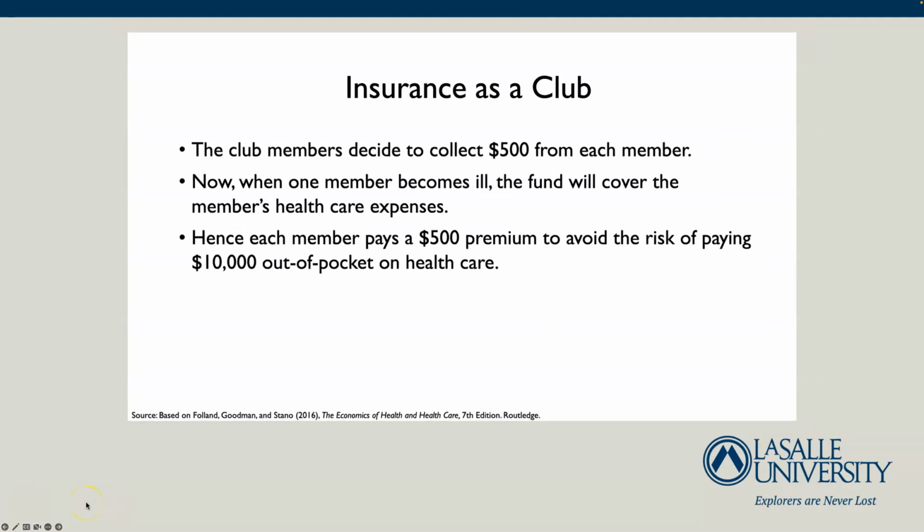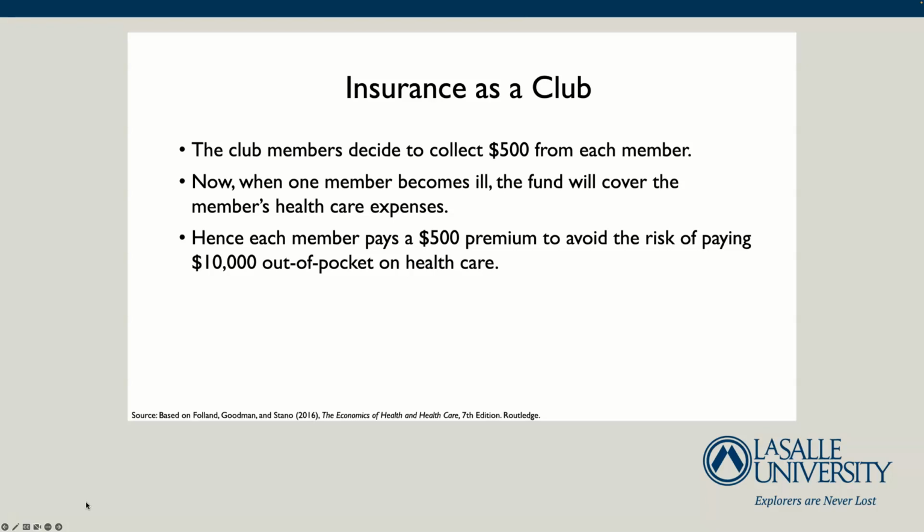So the club members decide to collect $500 from each member. And now when one member becomes ill, this fund will cover the member's healthcare expenses. So in this case, each member pays a $500 premium to avoid the risk of paying $10,000 out of pocket on healthcare.